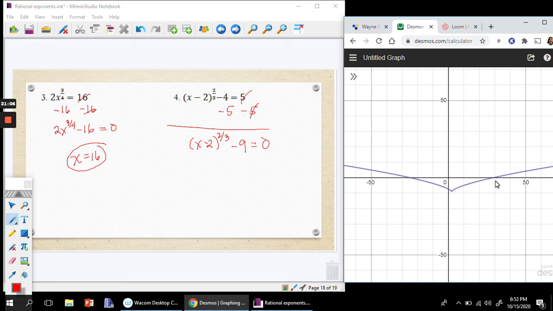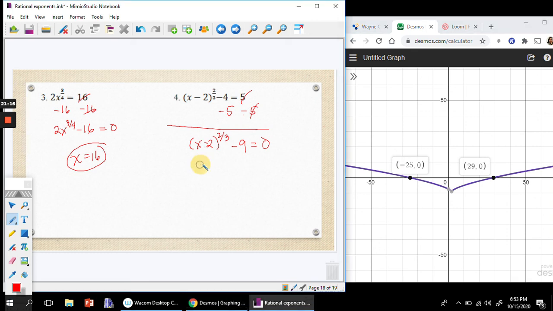The graph passes through the x-axis 2 times. Okay, so this and this, right? So we have two values for x. x is equal to negative 25 and x is equal to 29. So you have two values, just like what we had in our first solution.